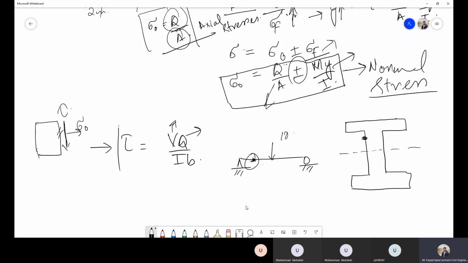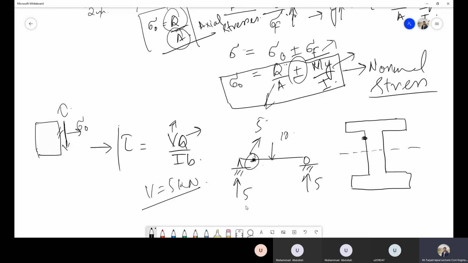From the shear force diagram, you know how to calculate the shear force at any point in the beam. You will calculate these reactions and then you will plot the shear force diagram, or you can directly figure out the shear force at this point. For example, in this case, it is 5. So the value of V will be 5 kilonewton, let's call it.